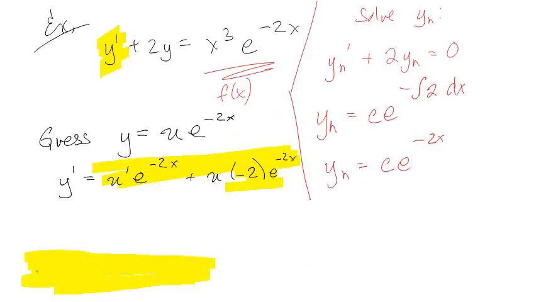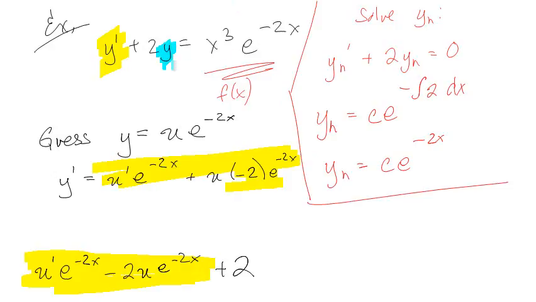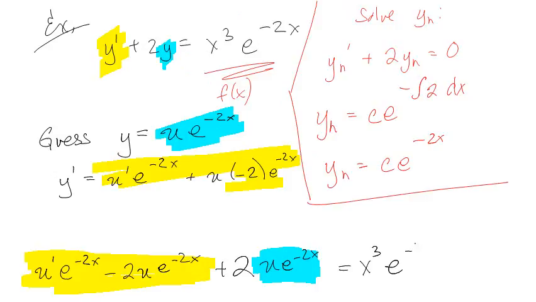So I've got u prime times e to the minus 2x minus 2u e to the minus 2x, plus 2 times u e to the minus 2x, and that has to equal x cubed times e to the minus 2x.